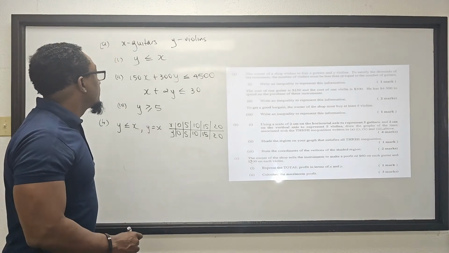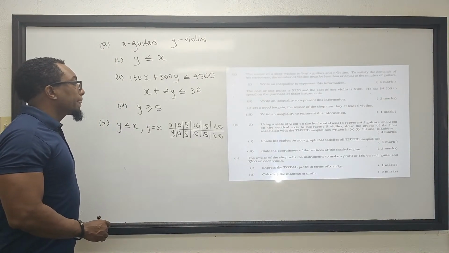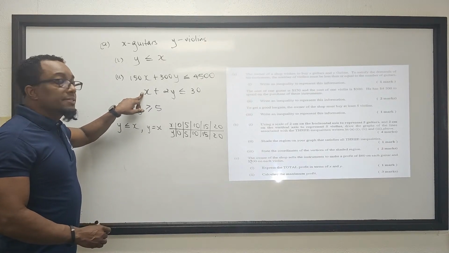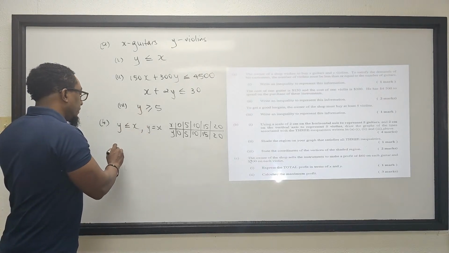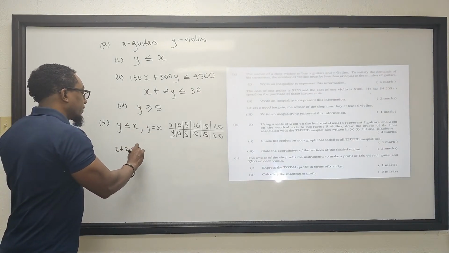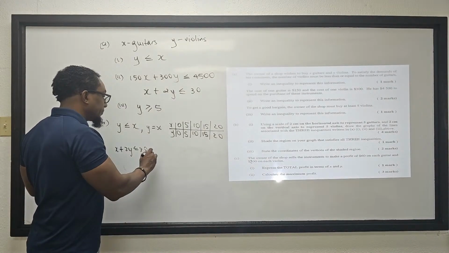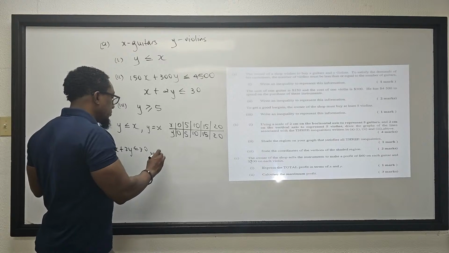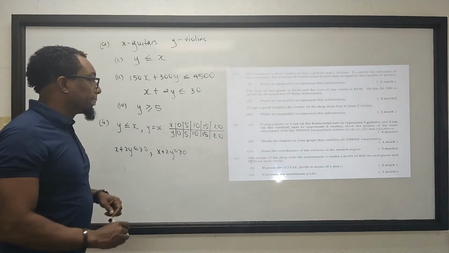And then the second, it is x plus 2y is less than or equal to 30. Alright, so this is the second inequality. So we can create an equation out of that by simply writing this as x plus 2y is equal to 30.